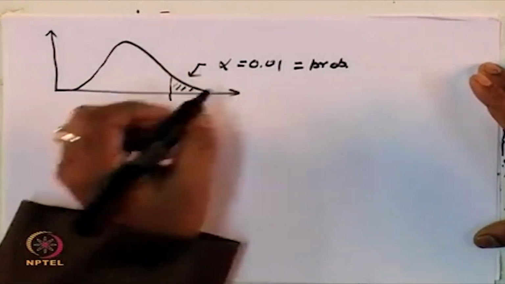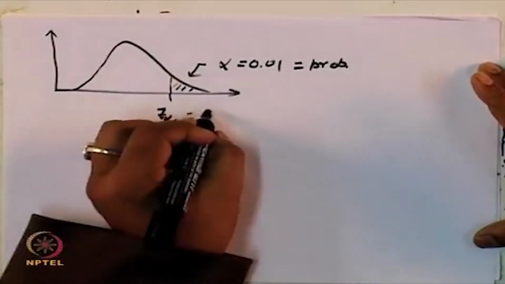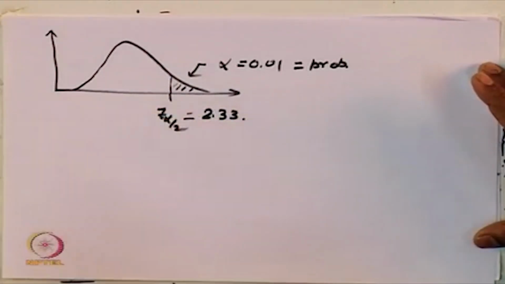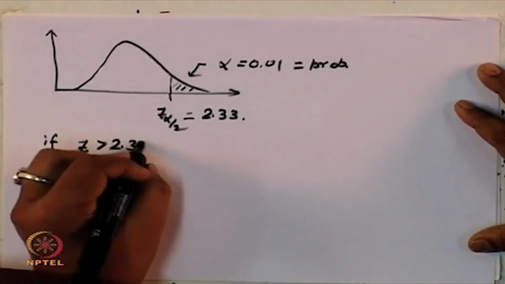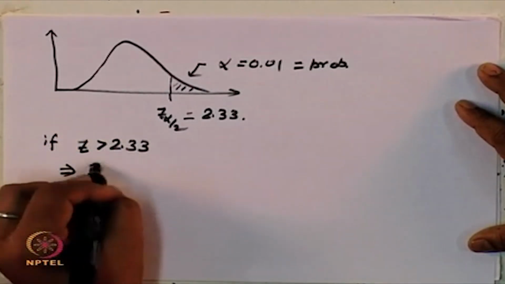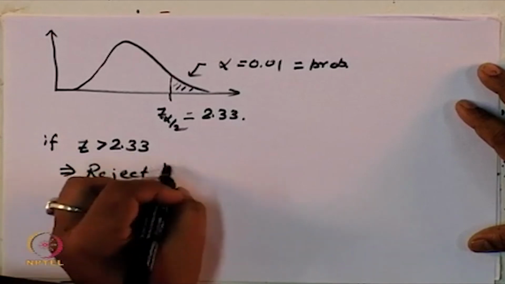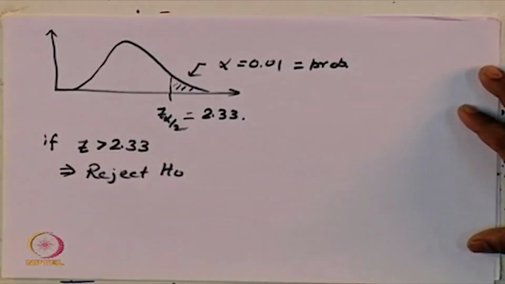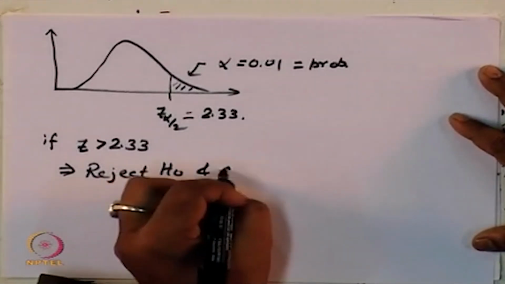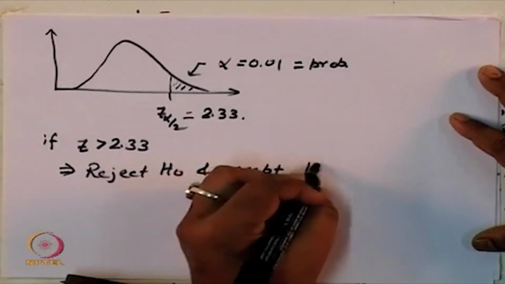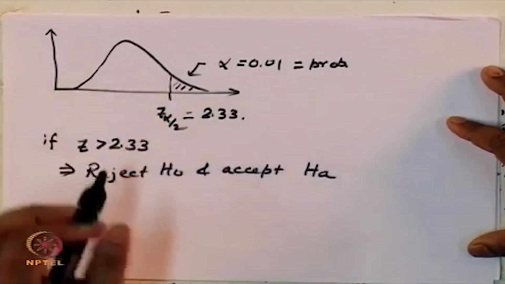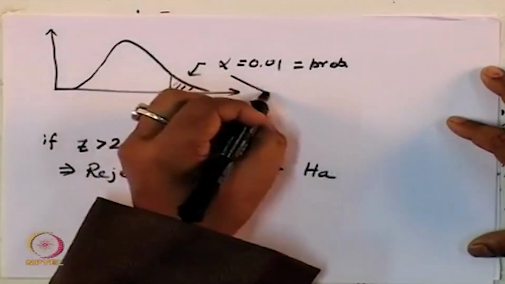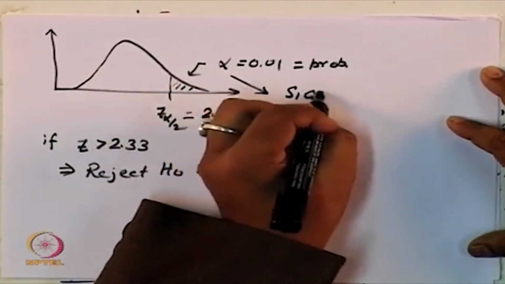If I choose alpha equal to 0.01, then Z of alpha by 2 becomes 2.33. So, if for the sample my Z value is greater than 2.33, then I would reject H naught and accept H A. So, alpha is nothing but the area under the curve. Alpha is also called the significance level.